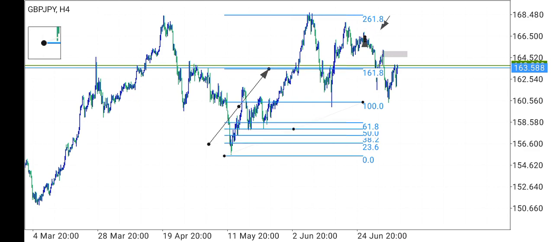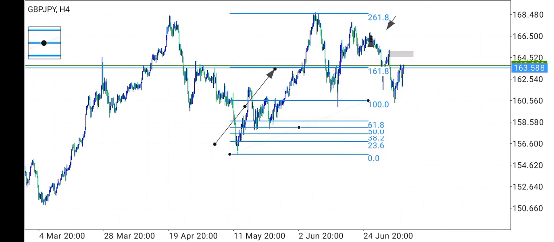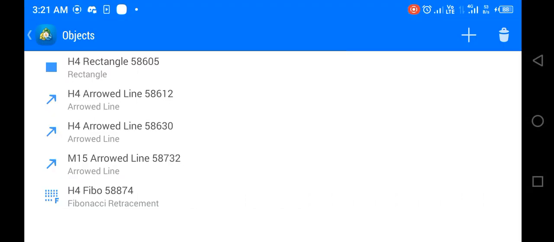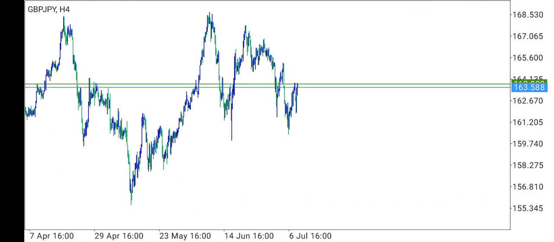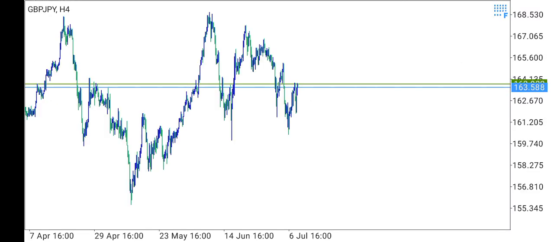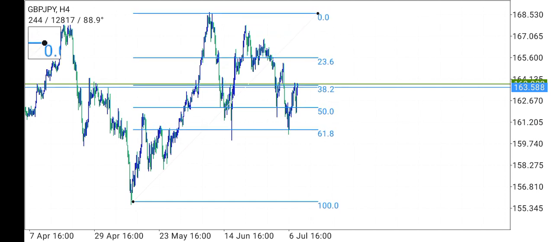So if I'm to take my fib, I start from this low, from the swing low. Now take your fib. You now place it from here to here.